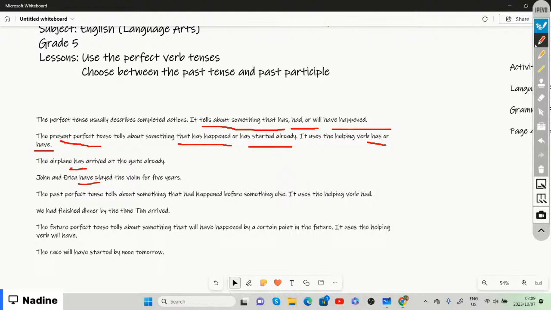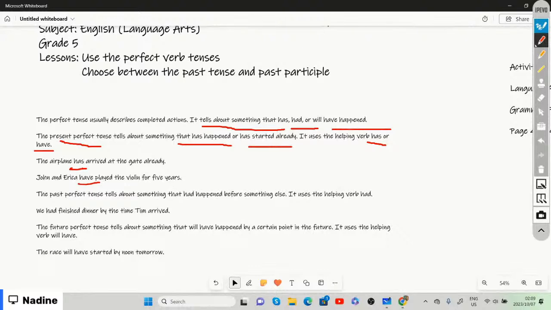That is the present perfect tense. Those are two examples where it uses the helping verb has or have, and it tells us about something that has started or has happened already.